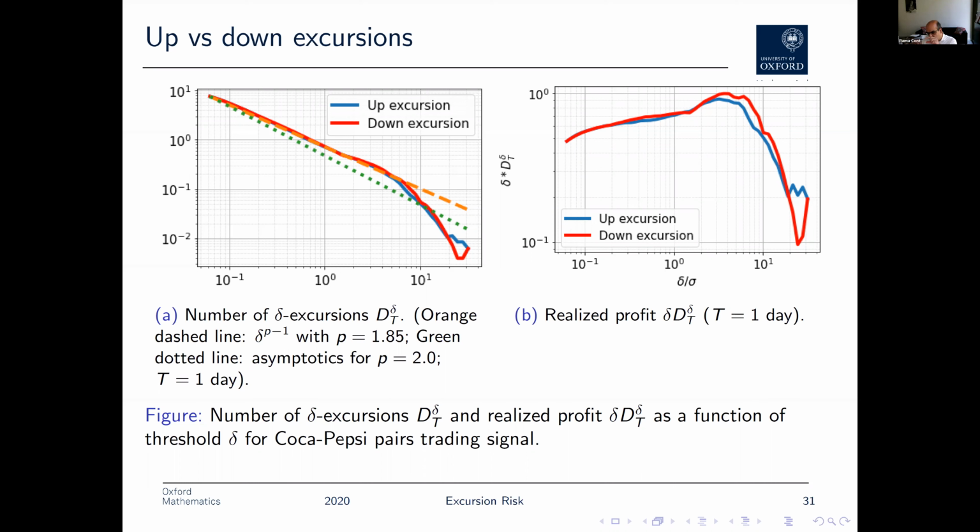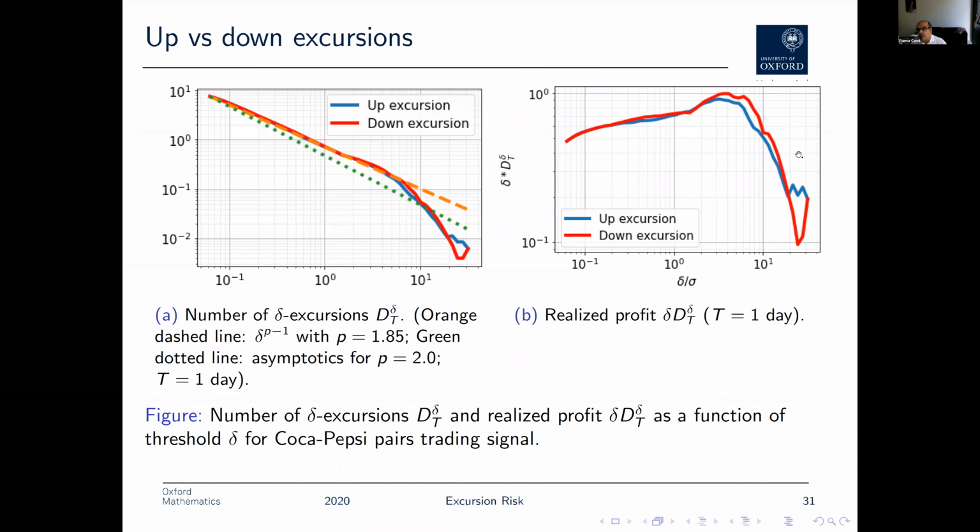If you have some volatility, you will cross on both sides, so the number of up and down crossings will be very similar. But if delta is large, that's not true, because you can go up and not go down. So you can see that for large delta, the two curves are different, and that should be.